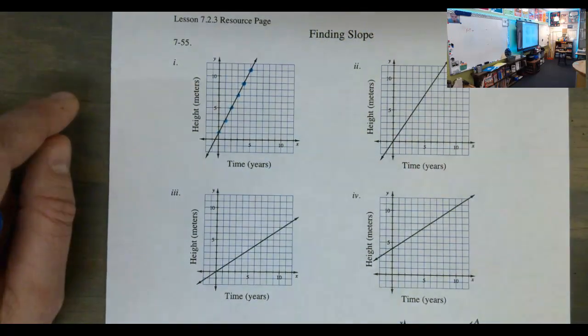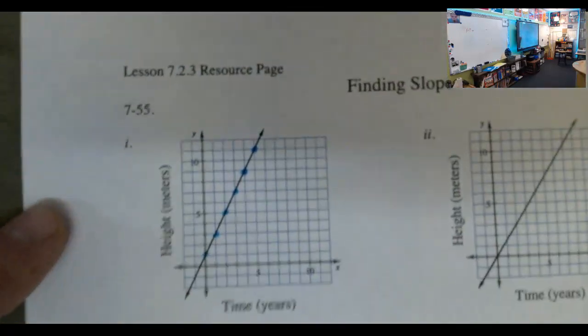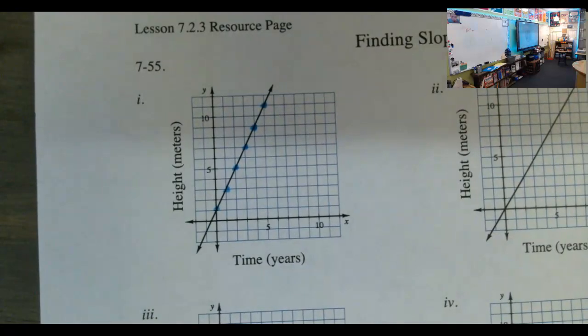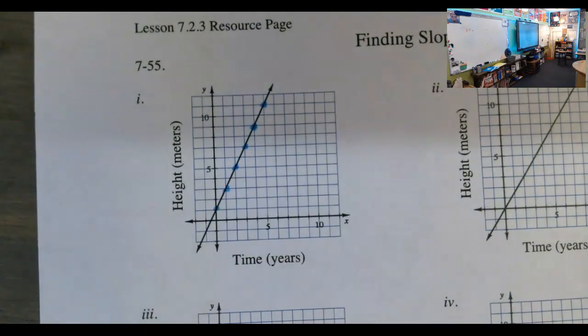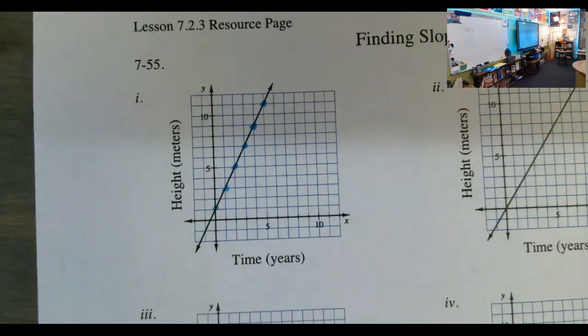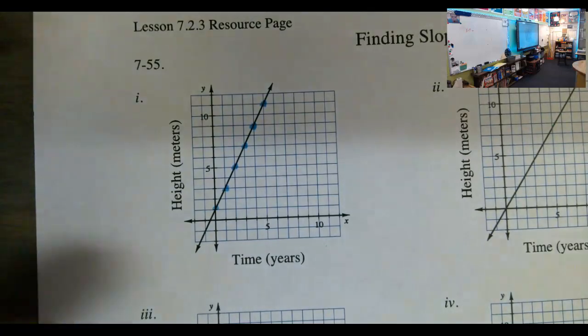All right, who can help me out with 55-1 and explain why I just made 6 different lattice points? Jacob? Because it makes it easier to make the little triangle. Do I need all 6 of these? You don't really need all 6, but they should all support the same finding.